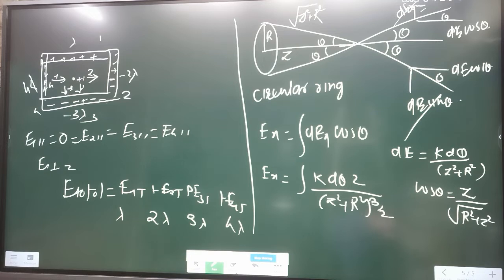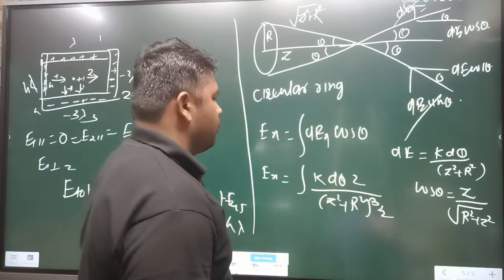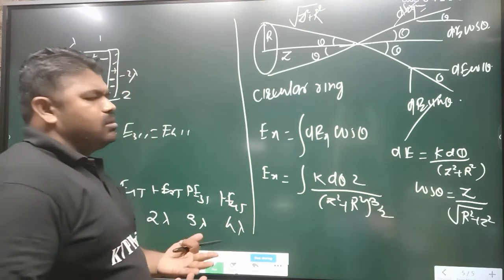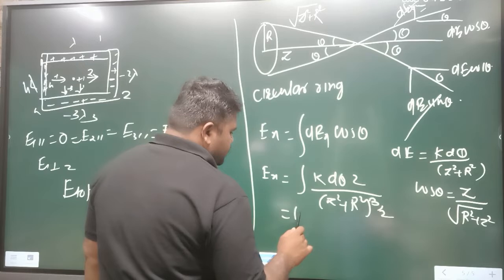In this case, which components are constant? k is constant, z is constant, so kz is also constant.